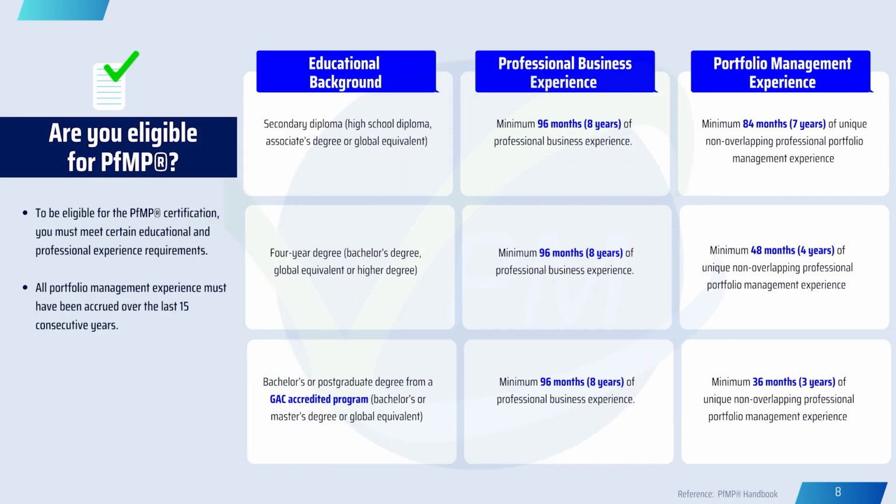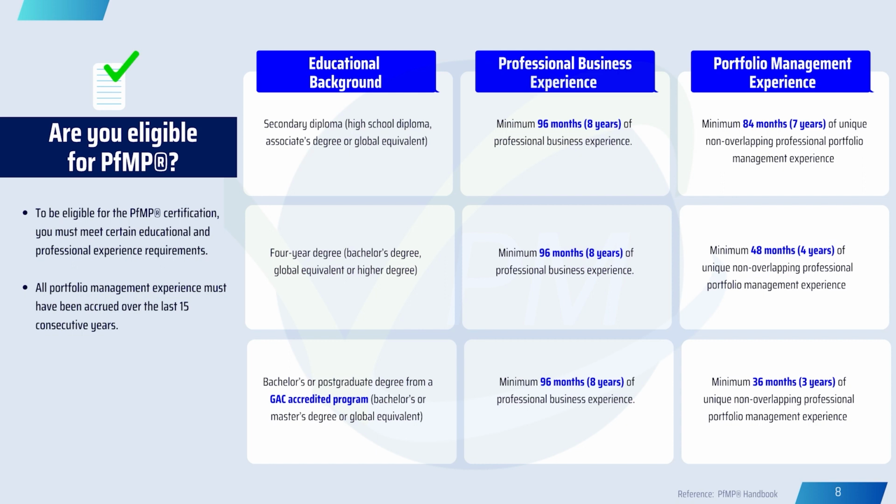Now, similar experience for PfMP. If you have already gone through PgMP, you know that PgMP and PfMP are very much similar. Now, instead of program, we're talking about portfolio management experience. Here you're showing 8 years of business experience.